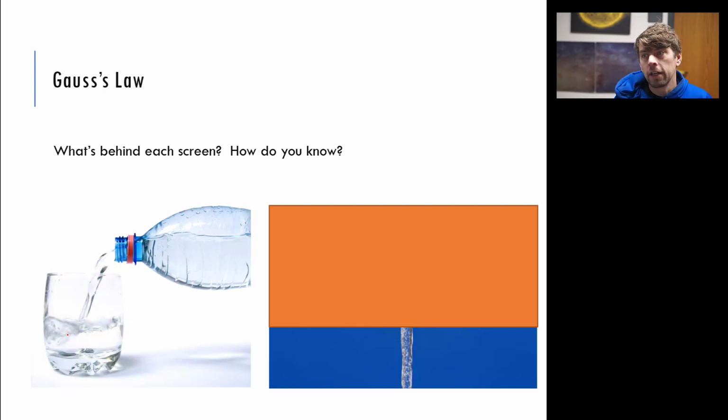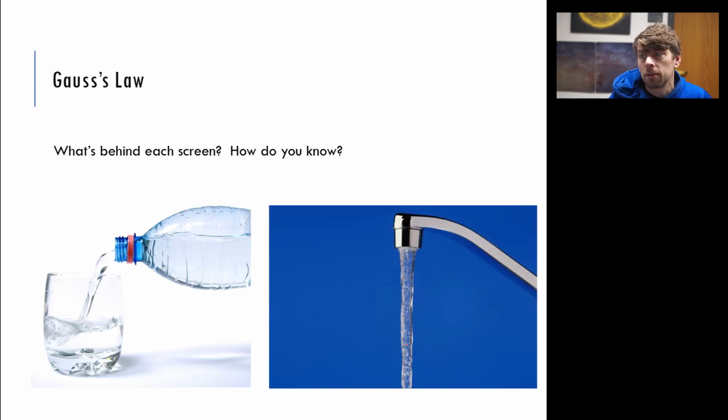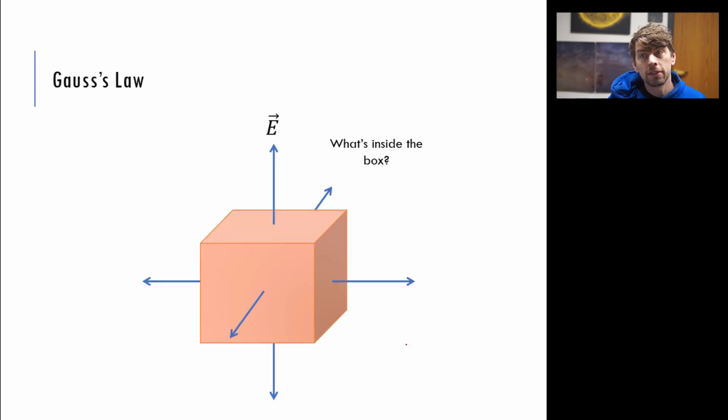Or similarly, if I have some sort of screen and you see water emanating from behind the screen, you'd say, hey, there's got to be some sort of source, some sort of faucet, for example. And again, we will use that idea, but rather than thinking about water, we'll think about the electric field. Concretely, what's inside the box?